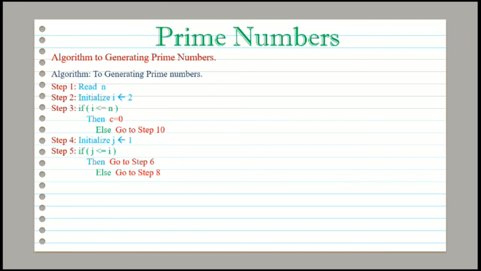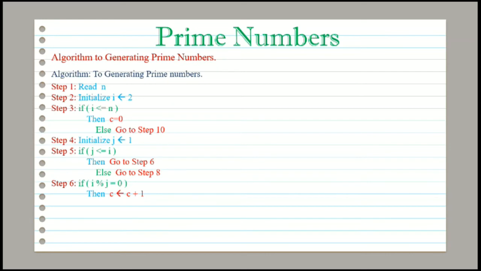In step 6, we will check whether I mod j is equal to 0, and if this is true, then we will increase the value of C by 1. This condition is used to check whether I is directly divided by j, and if it is directly divided, that means we have to increase the value of C by 1.